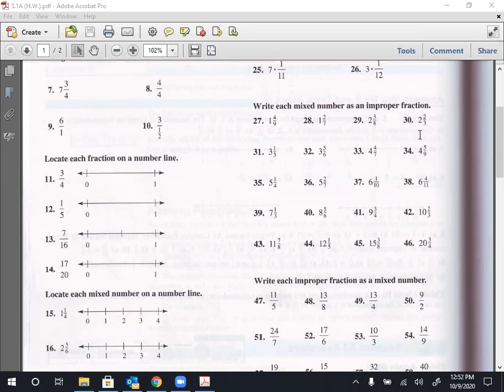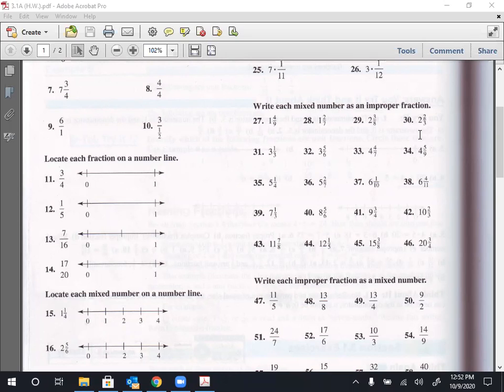So I'm going to write that out for you. So this is mark 3/4 on the number line. So you want to make a line or trace the line you have in your book.